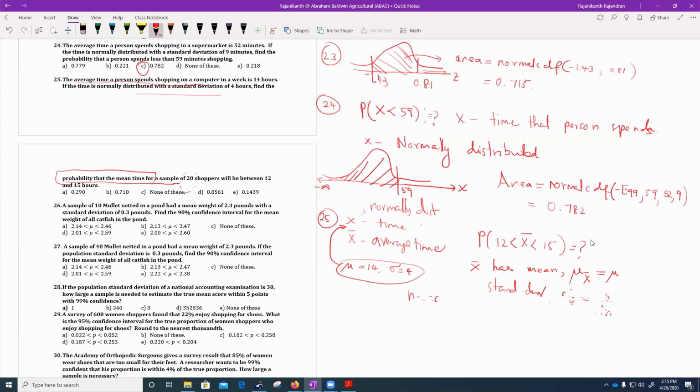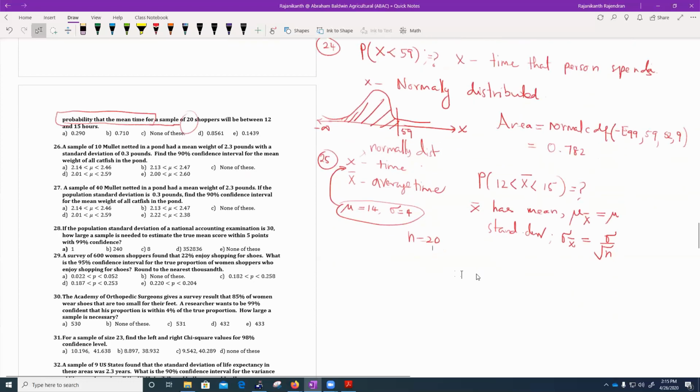Okay, so understand carefully these things. So now we know the distribution of x bar. X bar is also a normal distribution because of the central limit theorem we had in the class notes. Make sure that you understand clearly. So you have to read the question carefully. Since I now know the x bar distribution has mean mu, and mu here is given as 14, the standard deviation for x bar is sigma over square root n, which is 4 over square root 20.